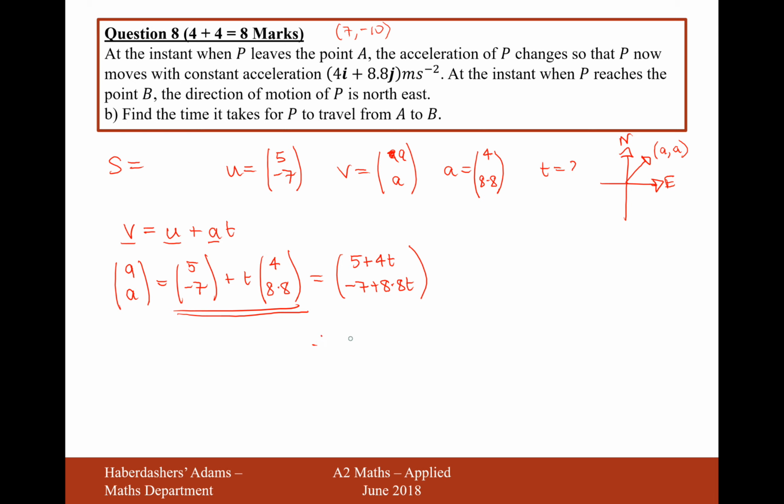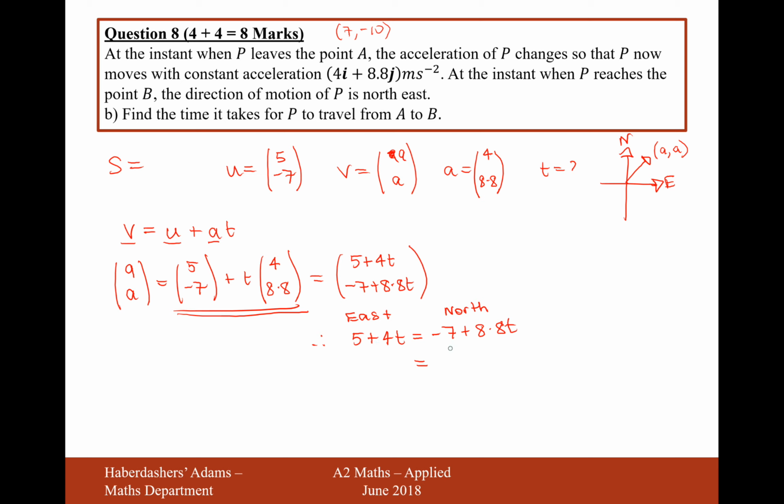So 5 plus 4t is equal to minus 7 plus 8.8t. Let's explain where this equation has come from. I've set the east component equal to the north component, because if it's travelling exactly northeast, the north component will be equal to the east component. So the expressions are equal to each other.